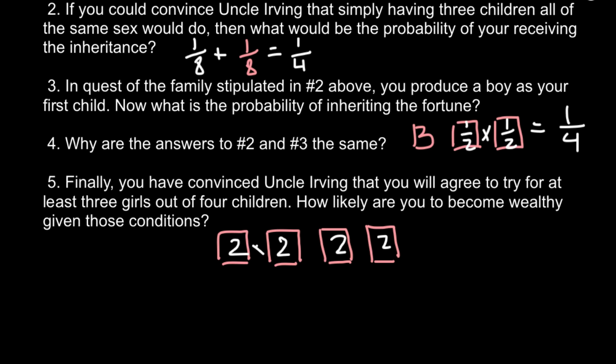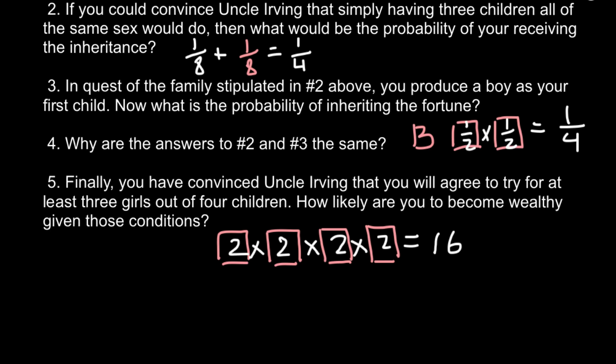Now we have to multiply all these in order to find the number of combinations. So 2 multiplied by 2 would be 4, multiplied by 2 would be 8, multiplied by 2 would be 16. So the total number of combinations of sexes in a family of 4 people would equal 16.